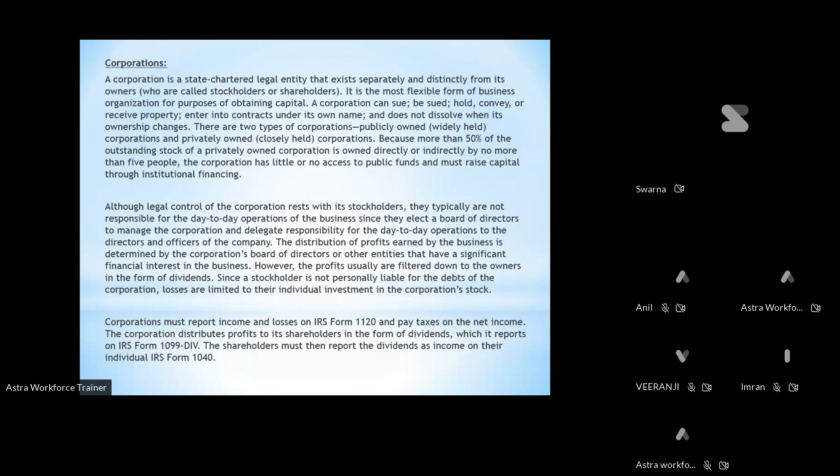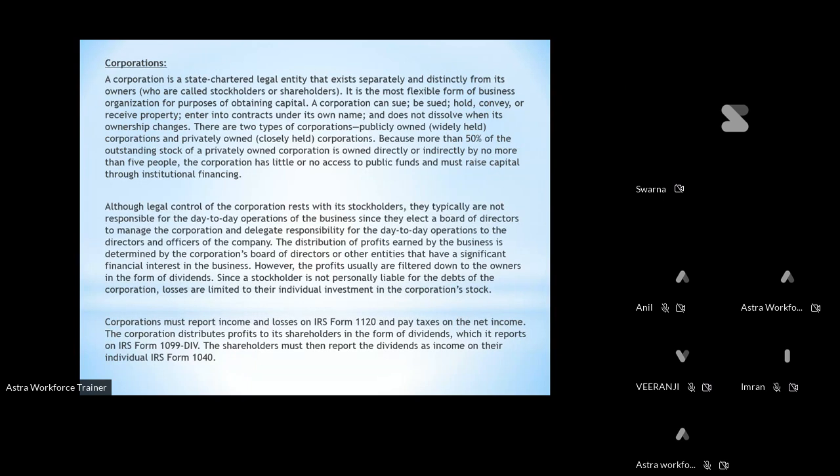Although legal control of the corporation rests with its stockholders, they typically are not responsible for the day-to-day operations of the business, since they elect a board of directors to manage the corporation and delegate responsibility for the day-to-day operations to the directors and officers of the company.